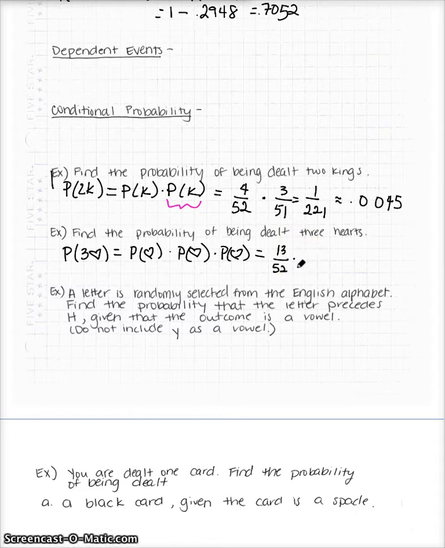Now, assuming that your first card was a heart, the probability that your second card is a heart is now 12 over 51, because there's one less heart and one less card in total. Assuming that your first 2 cards are hearts, the third card has a probability of 11 over 50 for being a heart.